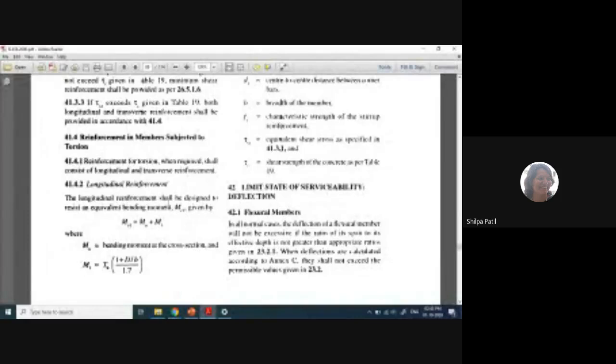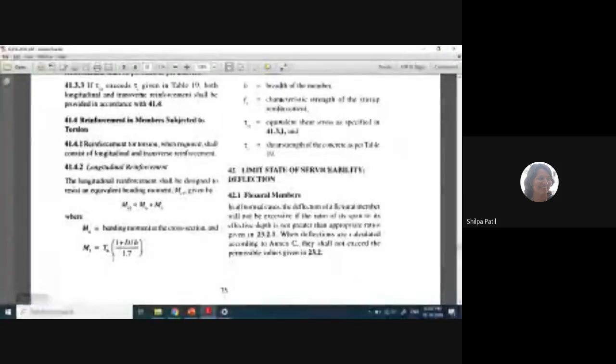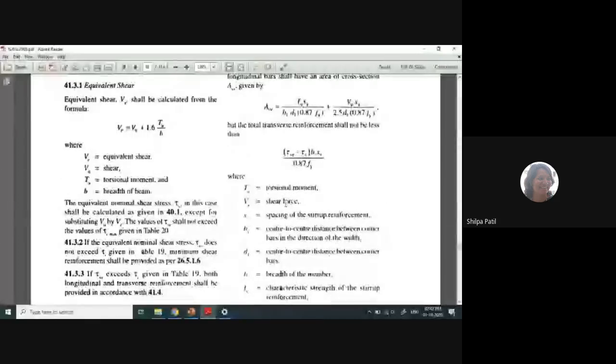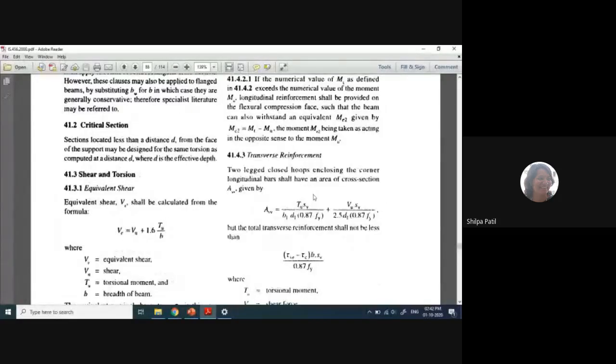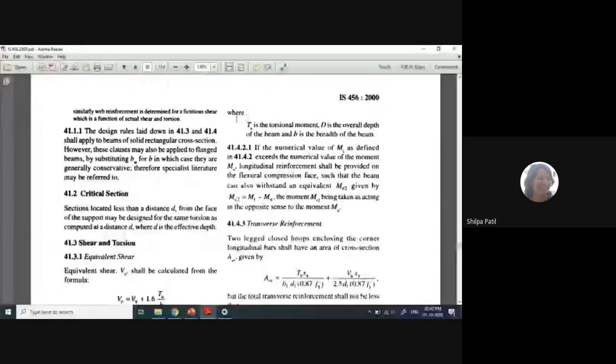The longitudinal reinforcement shall be designed to resist an equivalent bending moment Me1, given by Me1 is equal to Mu plus Mt, where Mu is the bending moment at the cross section and Mt is given as Tu into bracket 1 plus D upon B divided by 1.7. What is Tu? Tu is the torsional moment, D is the overall depth of the beam, and B is the breadth of the beam.